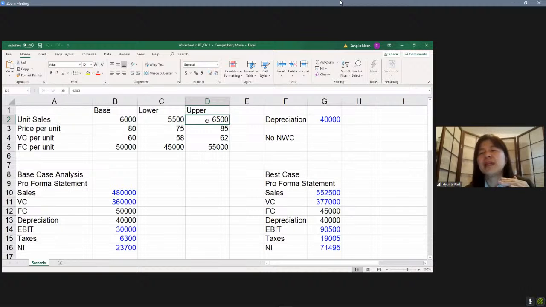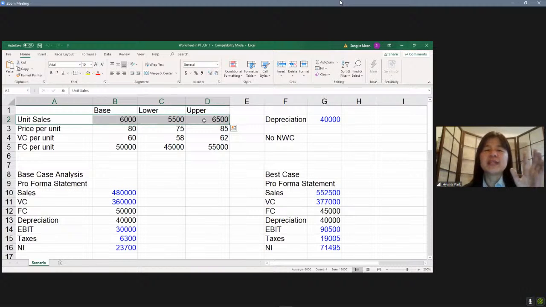But if the pandemic gets worse, they will not be able to sell as much. So 5,500 is the worst case. These numbers may change, but at the time of this estimate, suppose this was the best estimate the company made. So suppose that's the case.